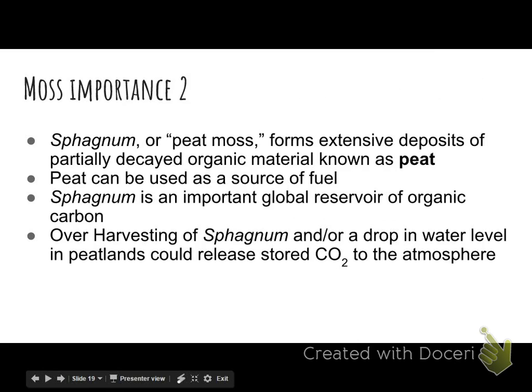Peat moss forms extensive deposits of partially decayed organic material known as peat, and peat can be used as a fuel source. It's an important global reservoir of organic carbon, so we're not having tons of CO2 in our atmosphere. The overharvesting of peat moss, or a drop in the water level in these areas, could make them release the CO2 back into the atmosphere.